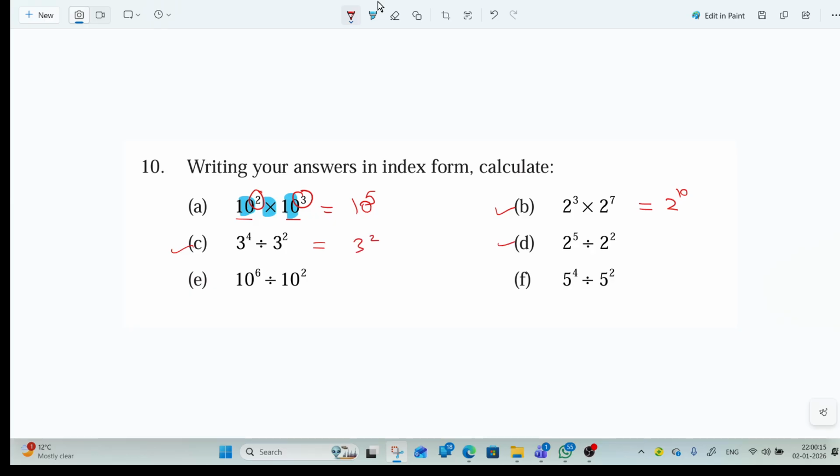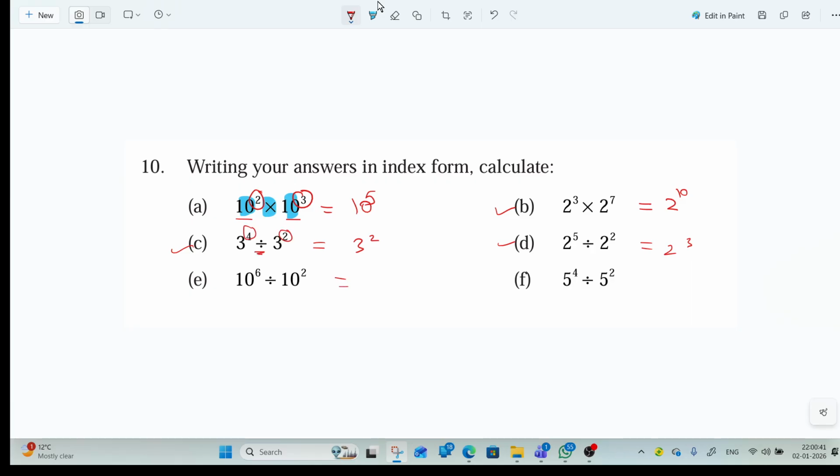Very good. Next. 2 to the power of 3. Very good. So when they are in division we need to subtract their power.